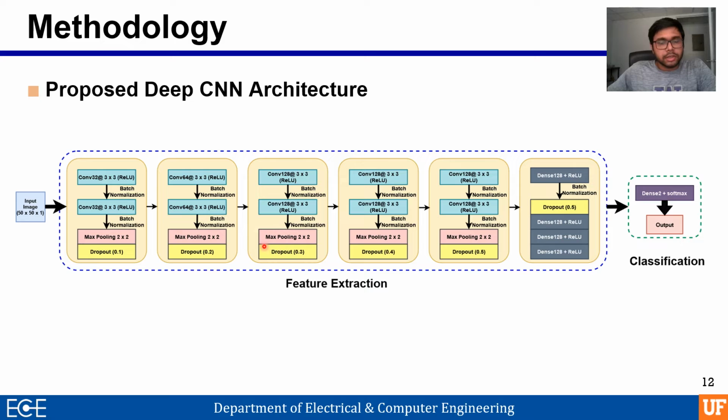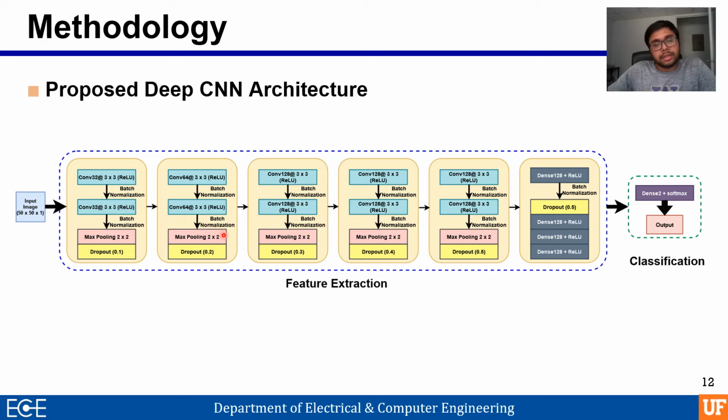The feature extraction segment constitutes around six blocks, where the first block uses 2D convolution with a filter size of 32 and a kernel size of 3 by 3, and it uses the rectified linear unit activation function with batch normalization and max pooling 2 by 2, and the dropout was 0.1. After that, the second block uses 2D convolution with a filter size of 64 and a kernel size of 3 by 3 with ReLU activation function and batch normalization.